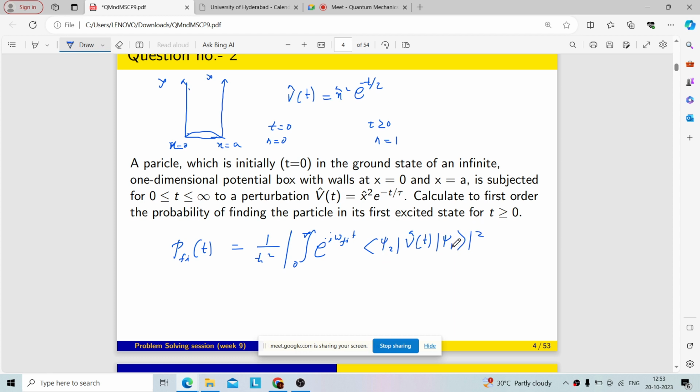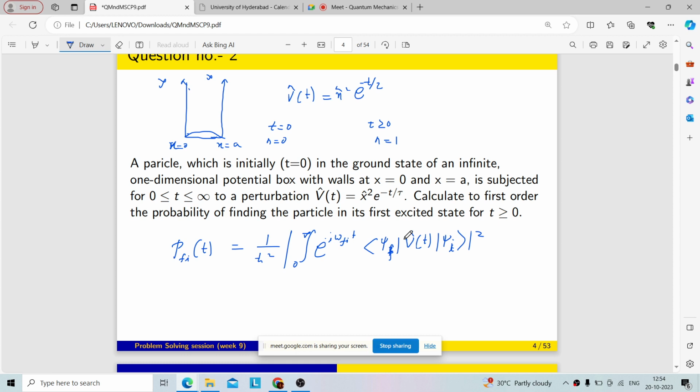We can write it as initial and final. So it's not 1 2, it's initial and final. So initially, this is a 1D potential.